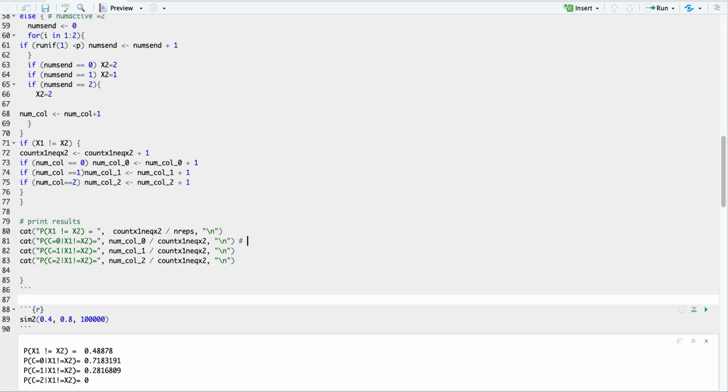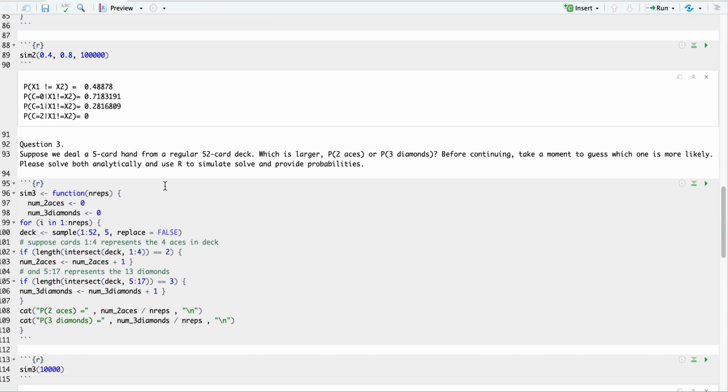Let me just write this down. Instead of this, what people have written was the total number of repetitions, which was wrong.